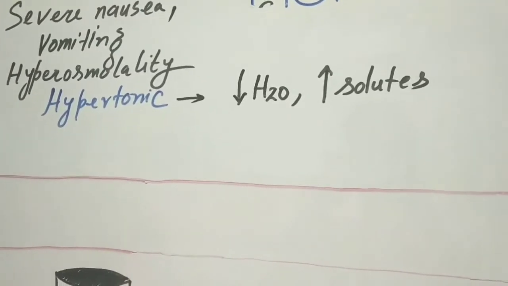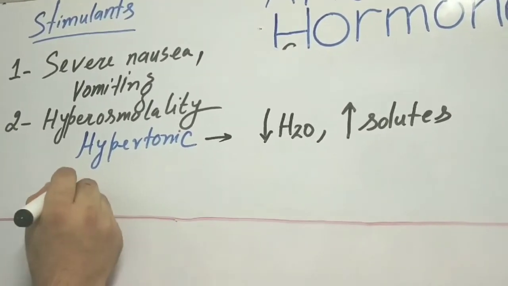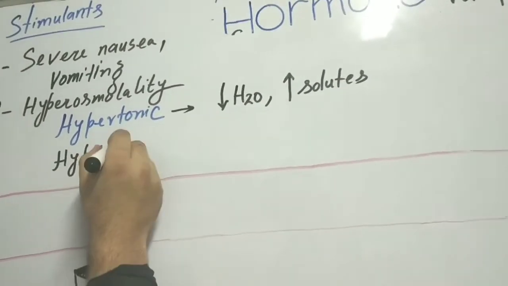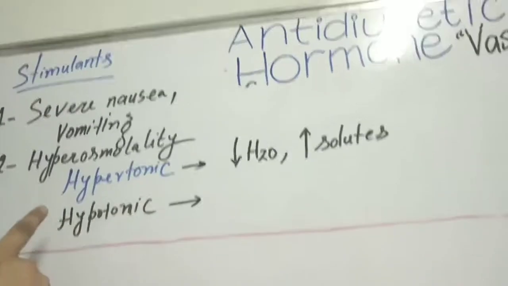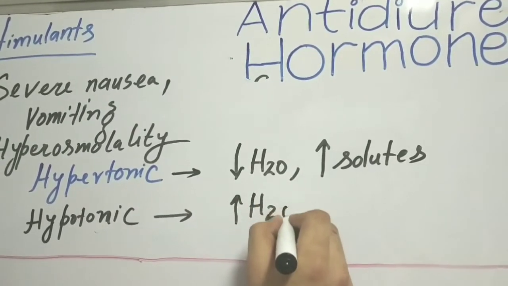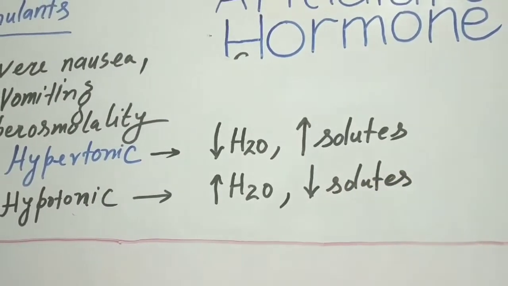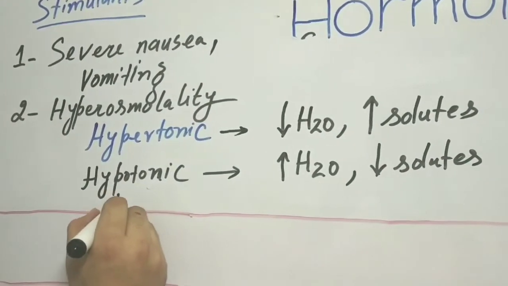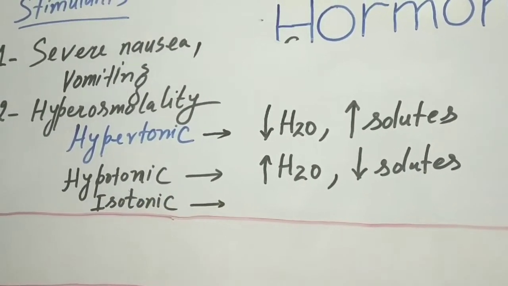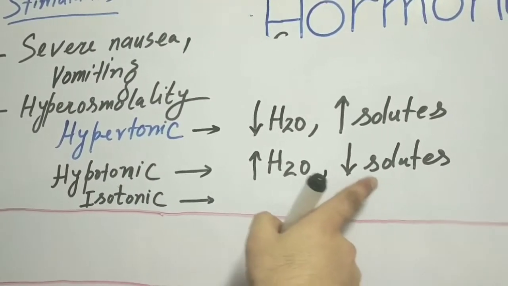If the blood is hypoosmolar, or hypotonic, it means there is more water and fewer solutes. If we say the blood is isotonic, it means the concentration of water is equal to the concentration of solutes.